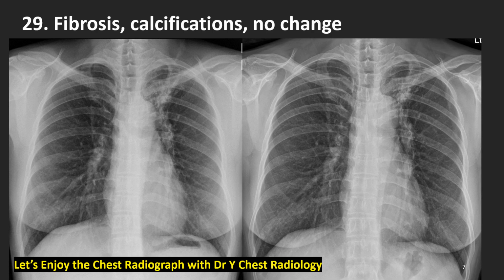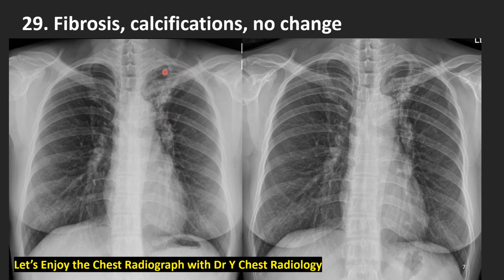Let's study real cases of stable tuberculosis, a middle-aged woman. Several years before, the disease was on the left side. First, let's look at the hilum. What about the hilar structure, anatomy, and position? Right side is okay. The left hilum is more elevated, and the hilar structure, pulmonary arteries, is slightly deformed.